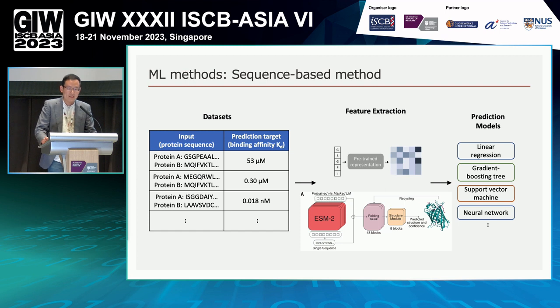ESM2 is used in ESM4, which is a protein structure prediction model. ESM2 is trained with hundreds of millions of protein sequences, and with it, ESM4 skips the time-consuming step of multiple sequence alignment. So we also use ESM2 to extract the sequence feature for binding affinity prediction.